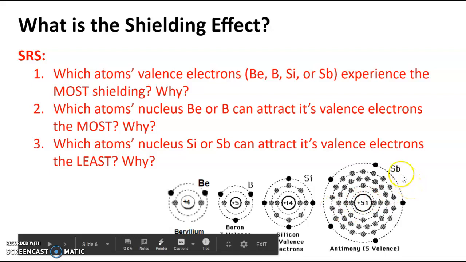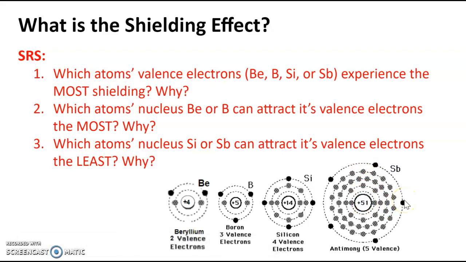And that means that antimony can attract its valence electrons the least, because even though the magnet is stronger, the magnet gets canceled out by all these rows and rows of electrons between the magnet and the outside valence electrons. So hopefully that makes a little bit of sense to y'all, because that's what we're going to be using to study electronegativity, as we're going to be thinking about how strong is the magnet and how many layers are in the way.